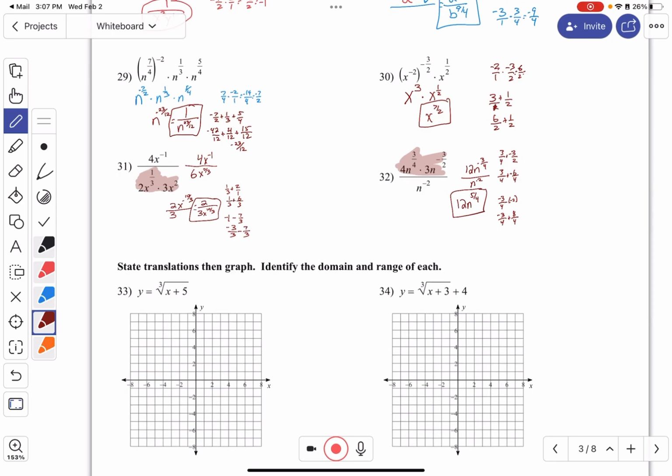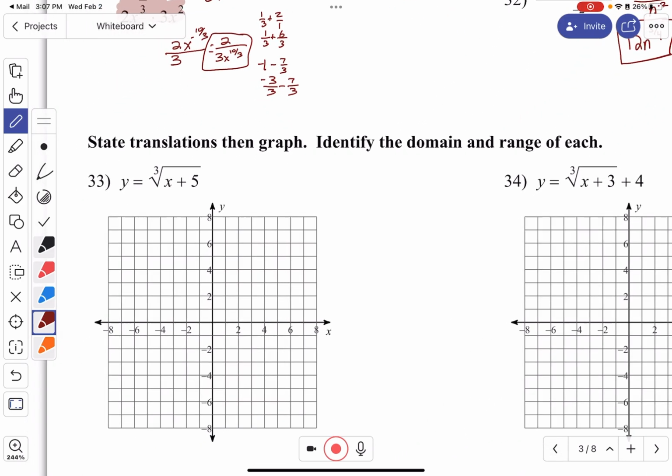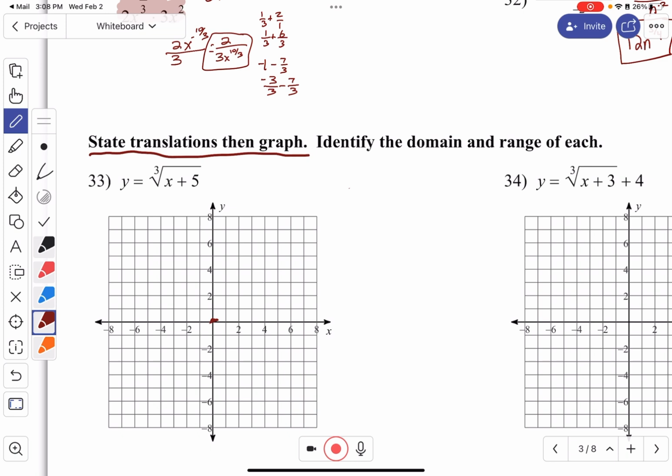All right, let's go down to state translation and graph. So we're going to state the translation, identify the domain and the range of each. So first look and see. We've got a cubic. The translation is going to be negative 5, 0. So left 5, and then 0.